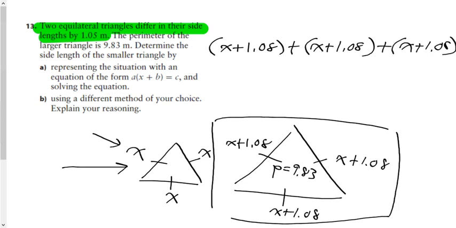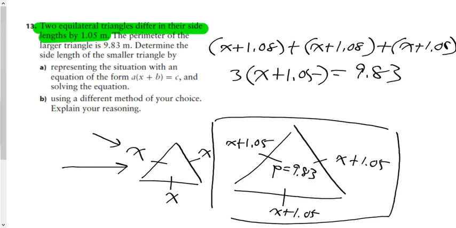That's one way to get the perimeter, but a more intelligent, mature way to say it is it's three groups of x plus 1.05, or 3 multiplied by x plus 1.05. This is the perimeter. And since that number equals 9.83, this algebraic equation can be used to solve.